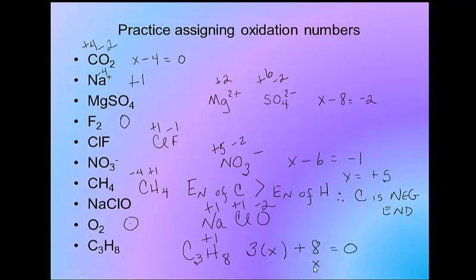If you do the algebra, you get a -8/3 for the oxidation state of the carbon. And yes, that's very odd. Are you going to come across a lot of those? No. Do you have to know they exist? Absolutely. So it's very important to know that that is totally possible.